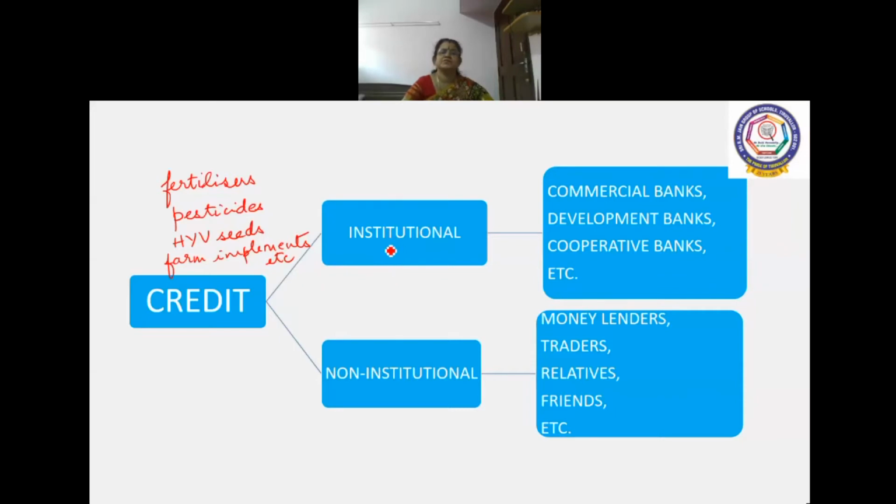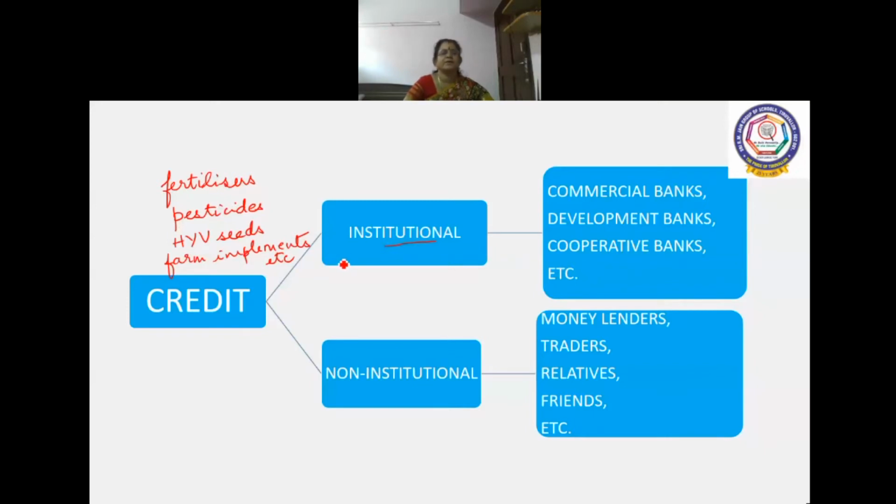These institutional credit facilities are provided by the commercial banks, development banks, and cooperative banks. They come under the government sector. These banks are owned by the government and regulated by the government.